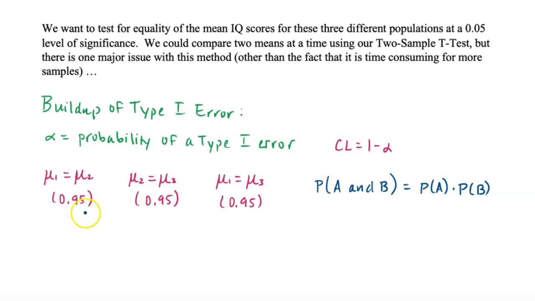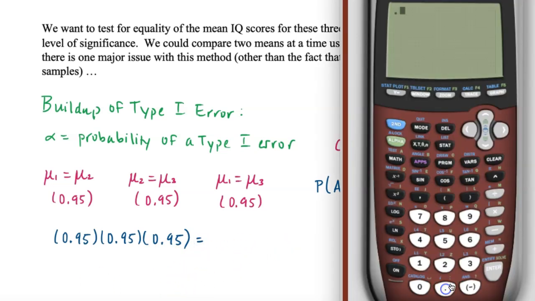To find the probability of no type 1 error, I'm going to take the probability of the first event, 0.95, and multiply it by the probability of the second and third event. And if I multiply these values, I get 0.857.